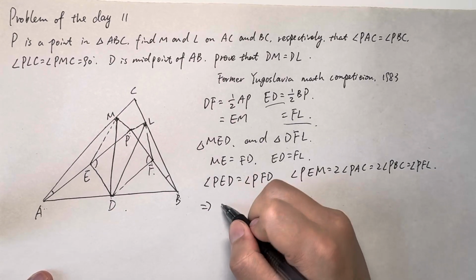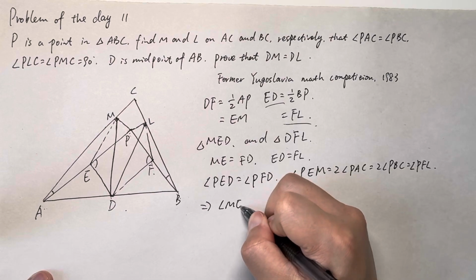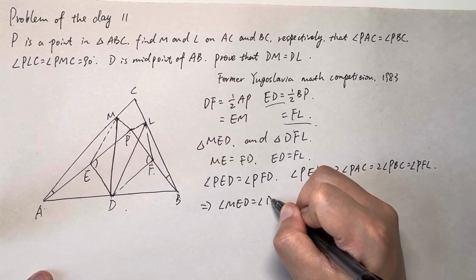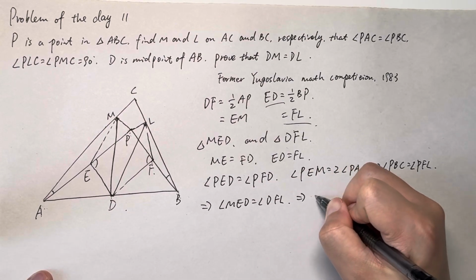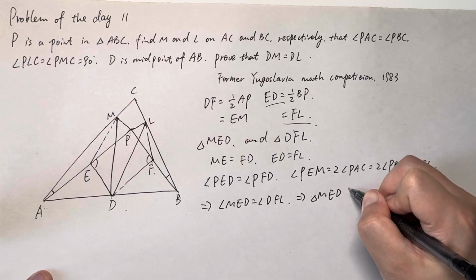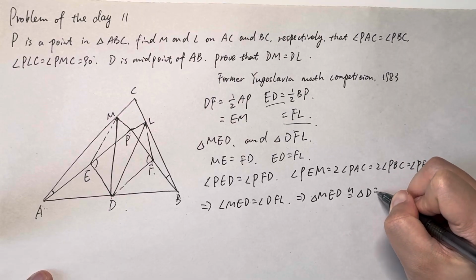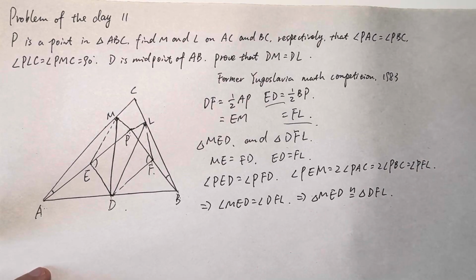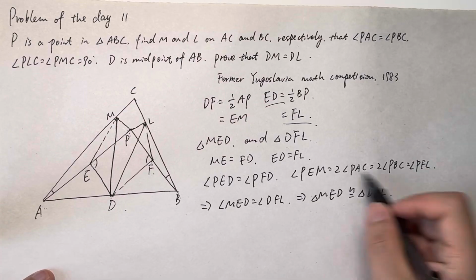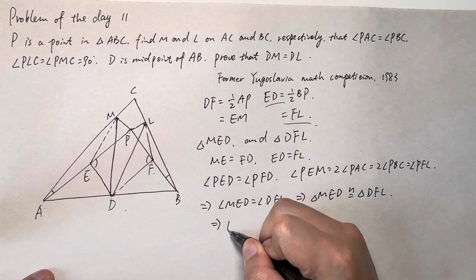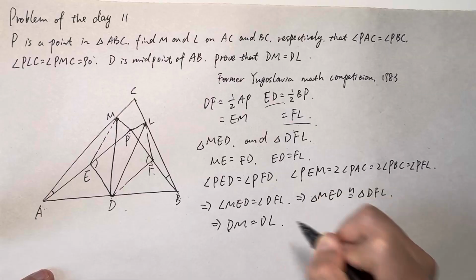So we know that angle MED equals angle DFL, which means triangle MED is congruent to triangle DFL, right? And based on this, we get DM equals DL.